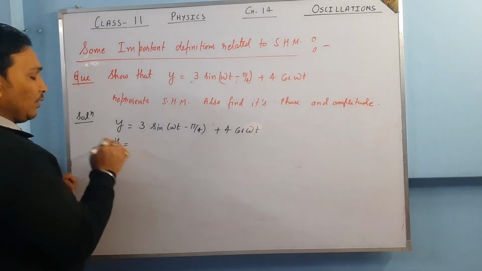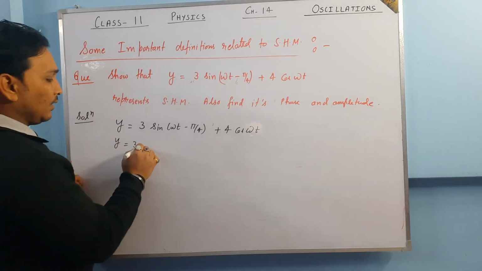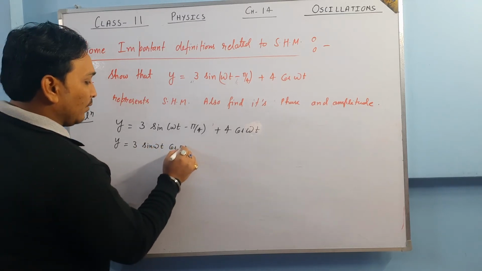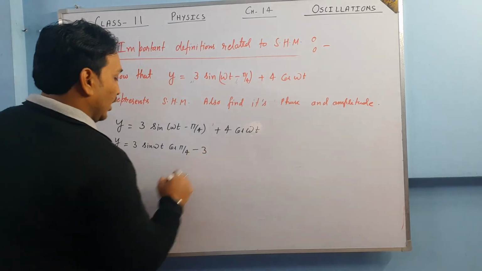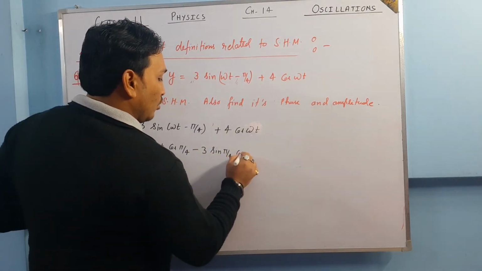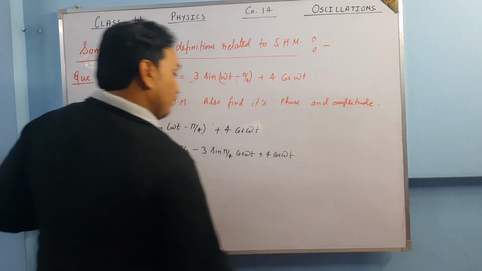So what I'm going to do is, y can be written as 3 sin omega t cos pi by 4 minus 3 sin pi by 4 cos omega t plus 4 cos omega t.